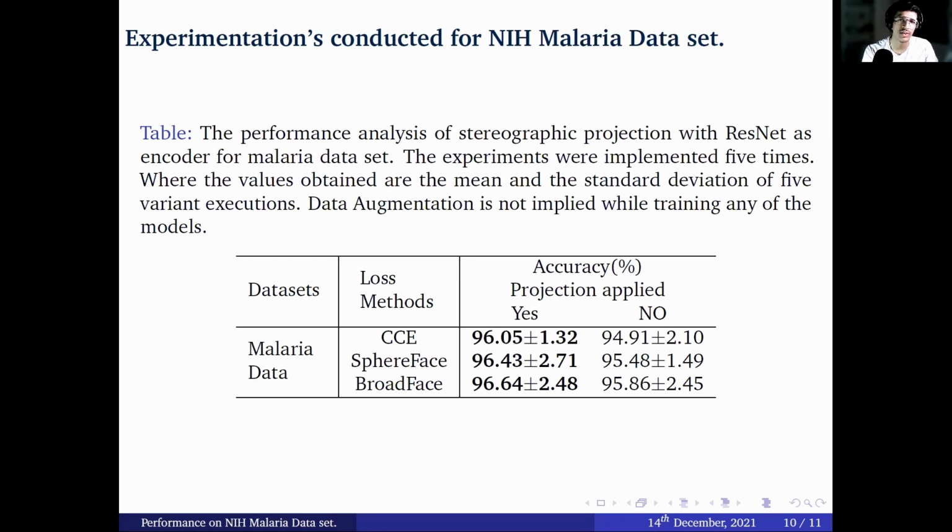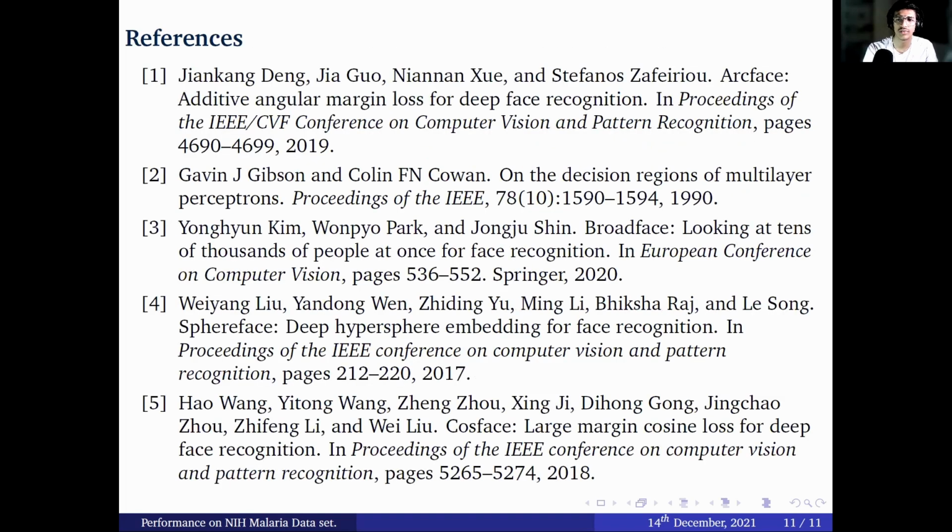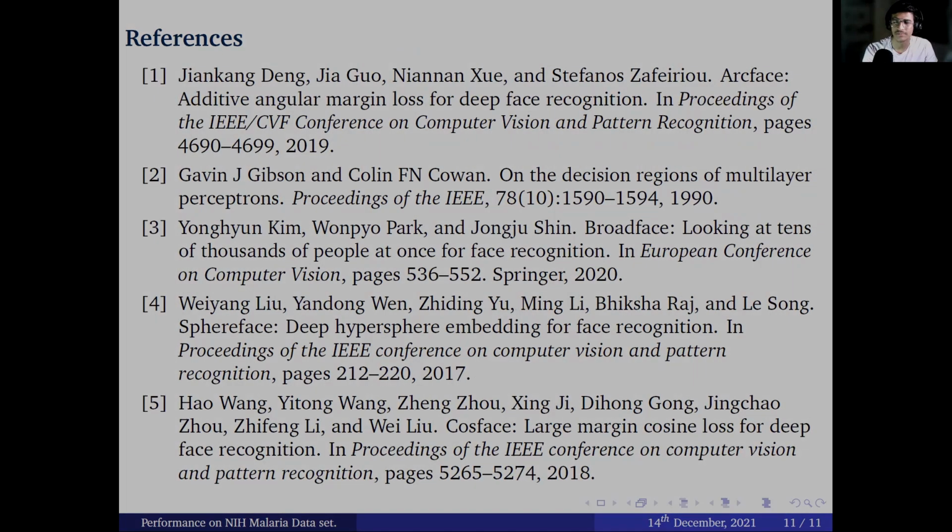What we observed is that when we apply stereographic projection, we got good scores. With categorical cross entropy there is a leverage of close to 1%, for sphere phase close to 1%, and for broad phase close to 0.8%. So you can look into the differences. Thank you.